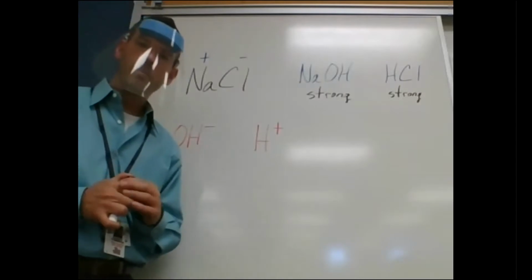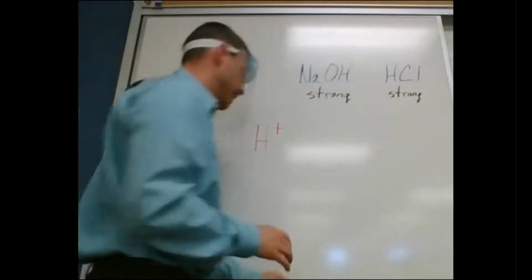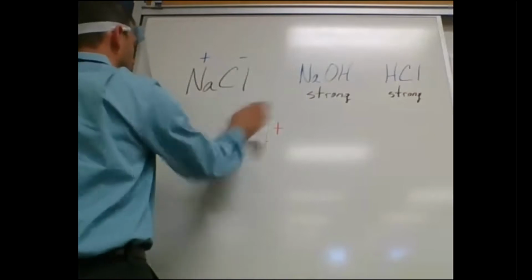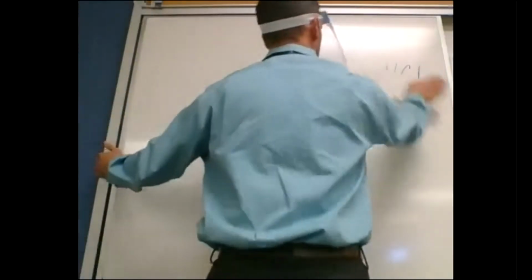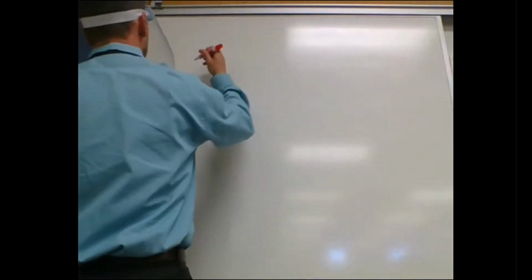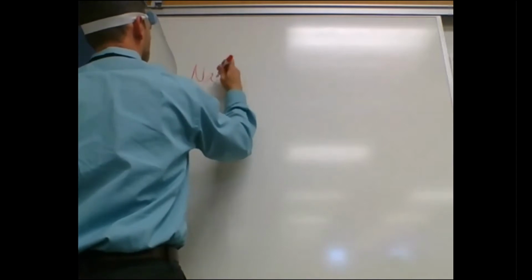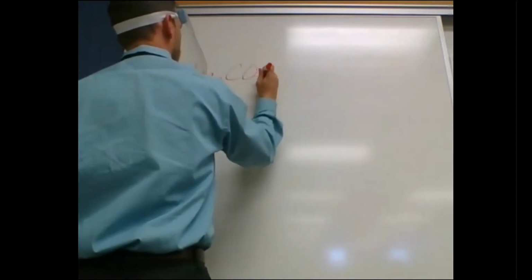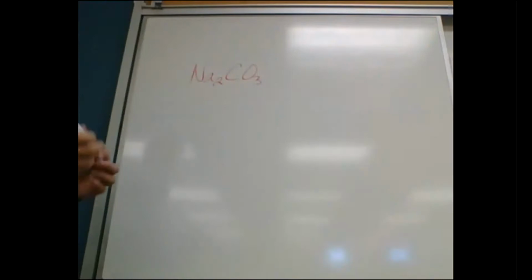Let's do another one, but go slightly further in our analysis. I'm going to move around a little bit. I'm going to go to sodium bicarbonate, which looks like that if you translate properly.